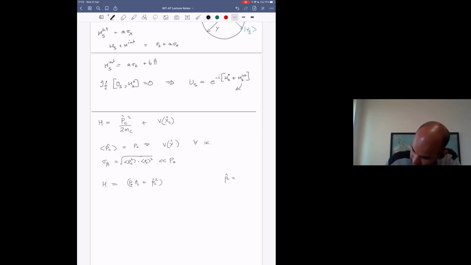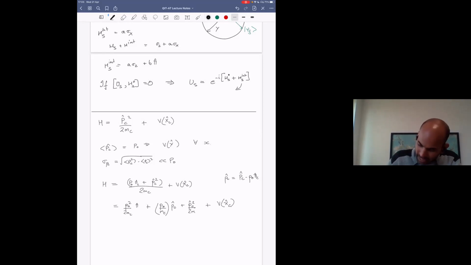So my little Pc is just the actual momentum, and I subtract the average momentum out of it. Upon 2mc plus v of xc, and this is a constant, p naught squared over 2mc identity, plus p naught over mc times pc plus pc squared over 2m plus v of xc.